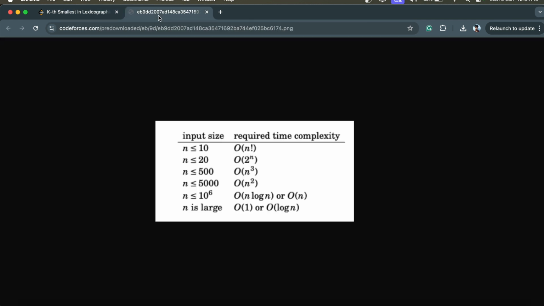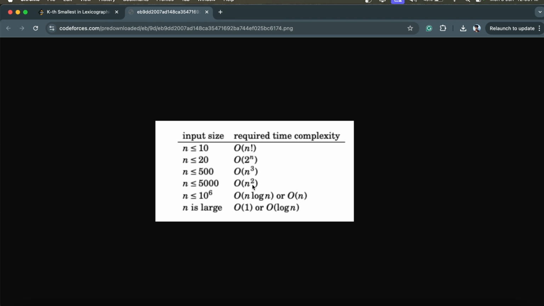If n is less than or equal to 10, the required time complexity can be n factorial; if it is less than 20, 2 to the power of n can be considered; if less than 500, cubic is expected; and if less than 5,000, n square is expected. So these are the solutions expected for each constraint.